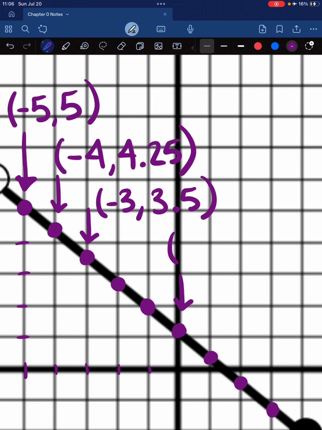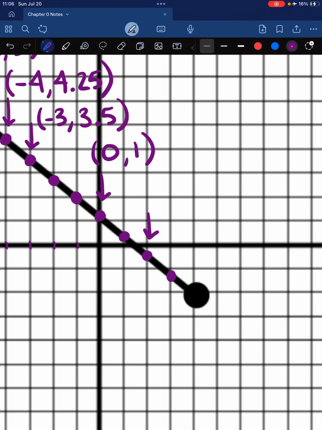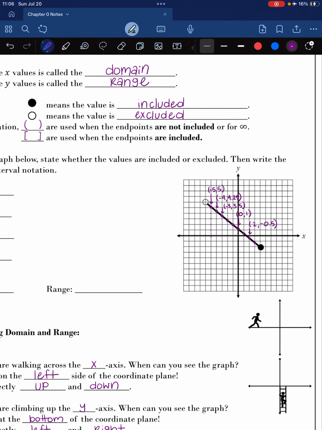I'm going to skip around now. This looks like I go left to right 0, so 0, comma, then up 1 maybe. And let's do one more. This point right here is 2, and then I go down, let's just call that a half, to make it easy.